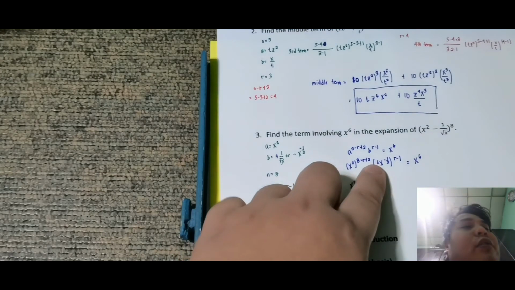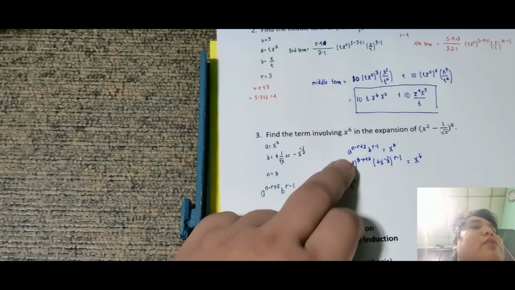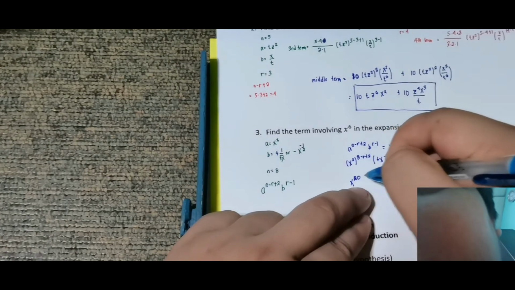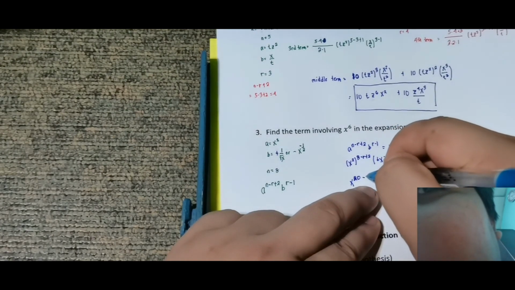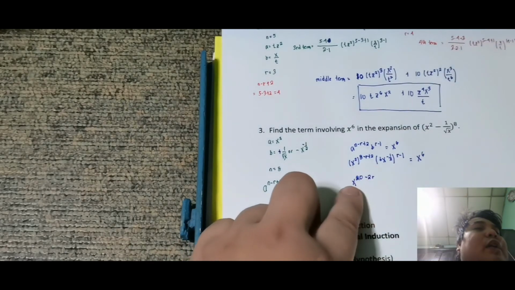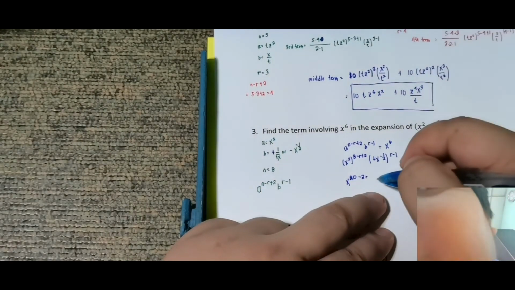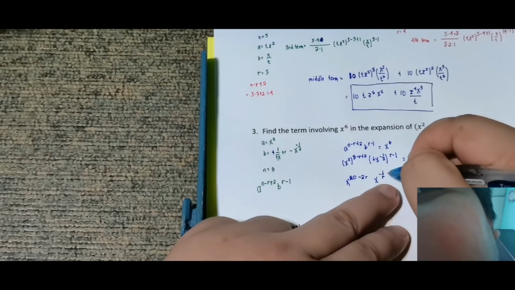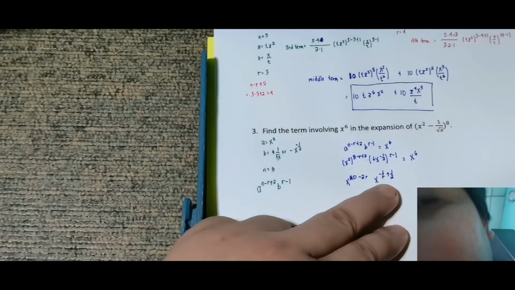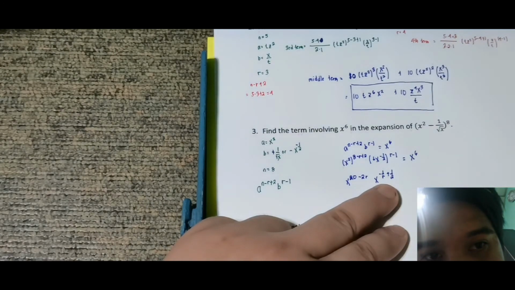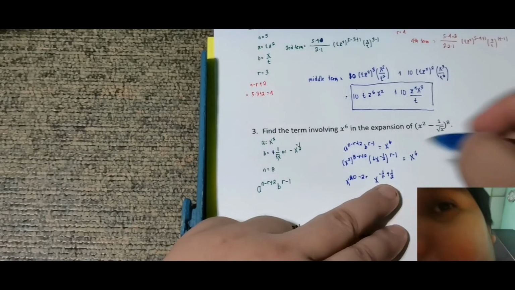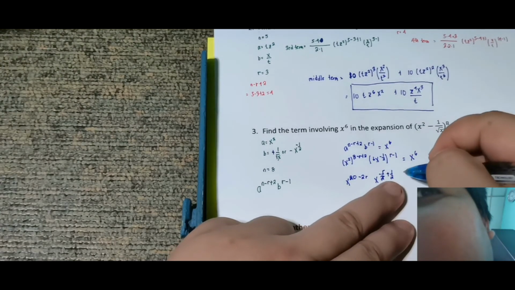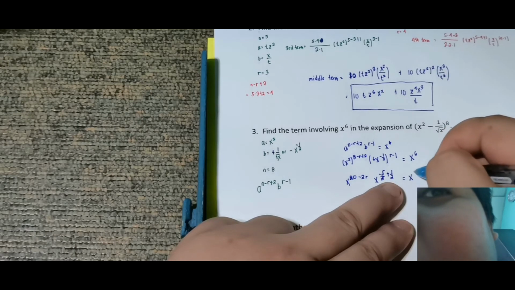Okay, then 8 plus 2, that is 10. Okay, so 2 times 10, that is 20. Kasi x squared x raised sa 20 minus 2r. Kasi 2 times negative r. Okay, then dito naman, ito ay x raised sa negative 1 half r plus 1 half. So this is 1 half negative r over 2 plus 1 equal to x raised to 6.